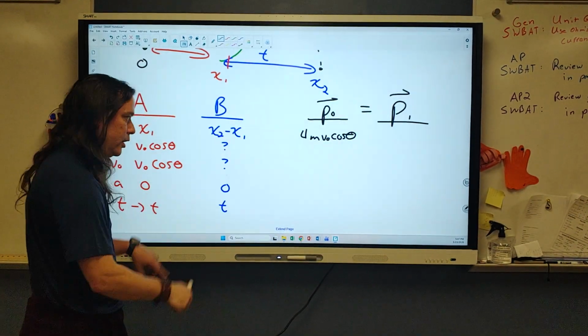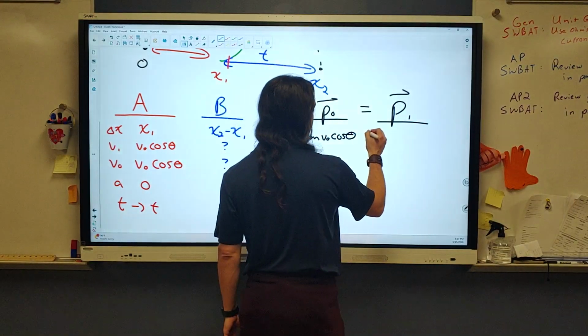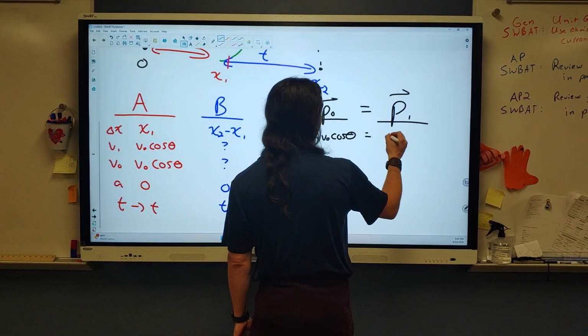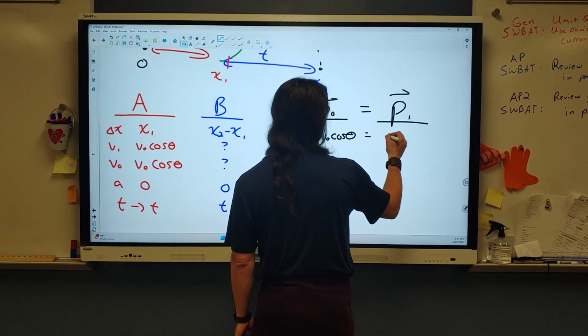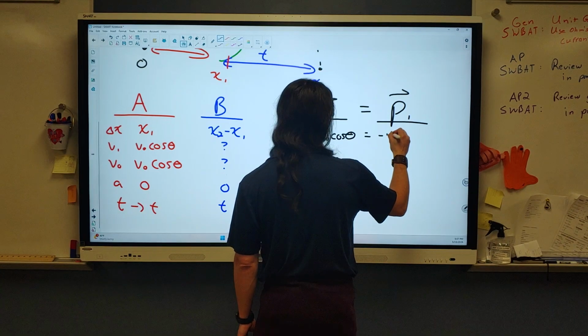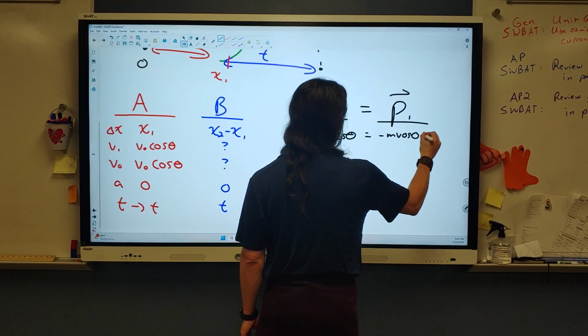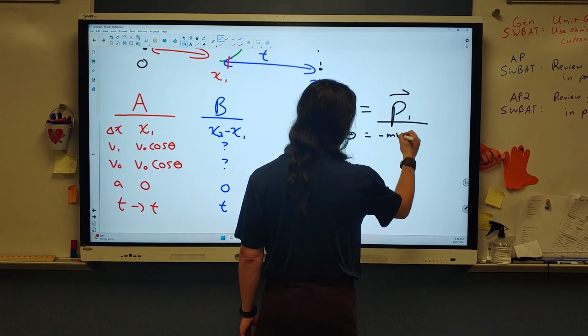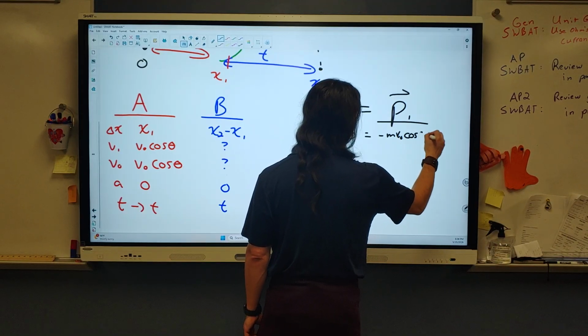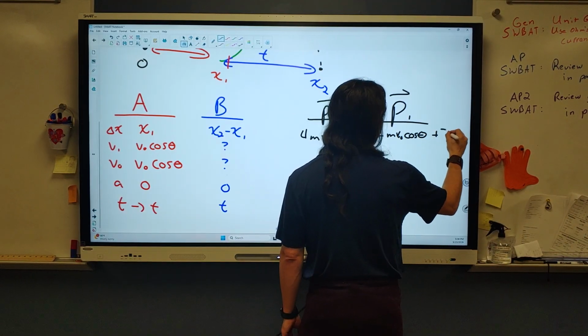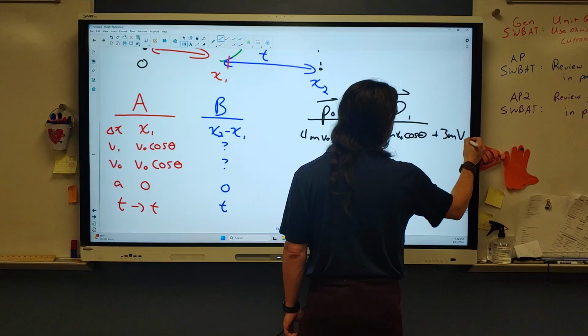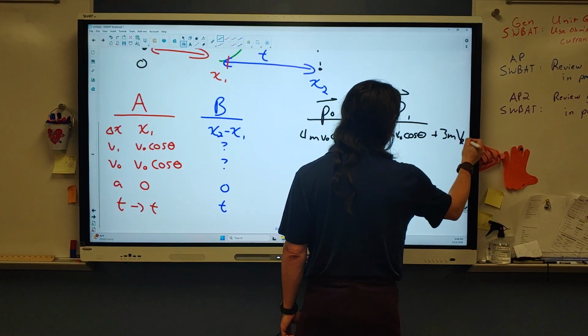Again, some of this I had already laid out. We're going to keep moving. That is going to be equal to, well, I said that the other one was going negative 1m v0 cosine theta. And then that would be plus 3m times v, I'm going to call this r.